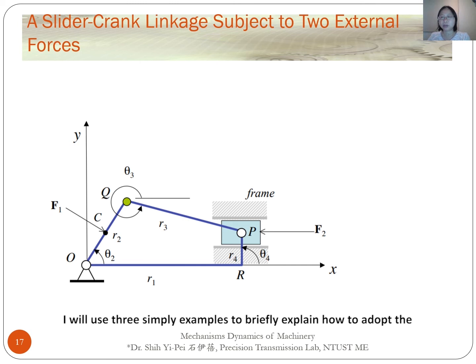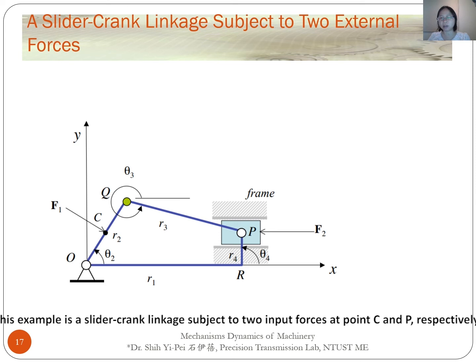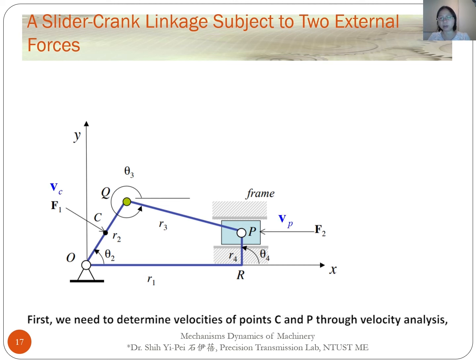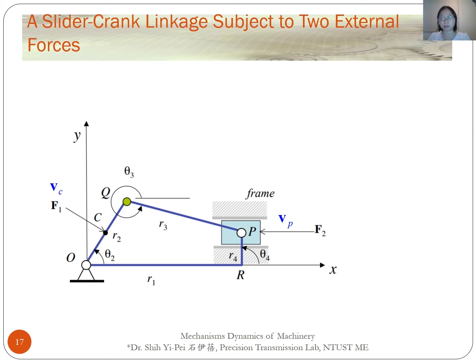I will use 3 simple examples to briefly explain how to apply the conservation of power to solve problems. This example is a slider crank linkage, subject to two input forces at points C and P respectively. First, we need to determine the velocity of points C and P through velocity analysis, and then use the conservation of power to solve for the unknown force.